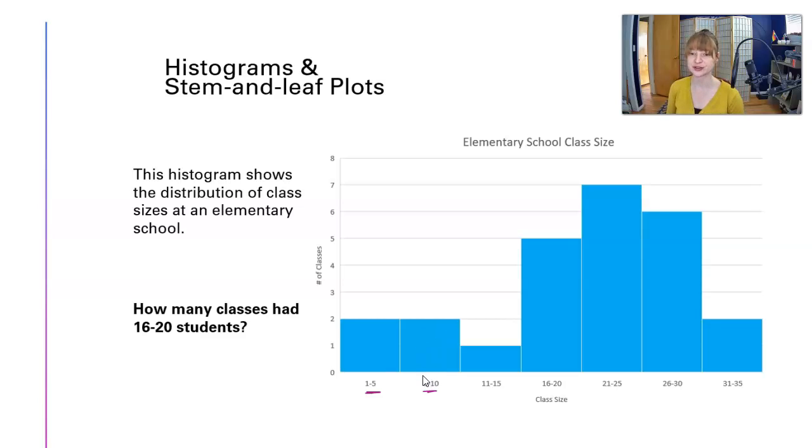So this histogram shows the distribution of class sizes at an elementary school. How many classes had 16 to 20 students? We'll go to the 16 to 20 bin and look at how many were counted. So there were 5, and that's our answer. 5 classes had 16 to 20 students.